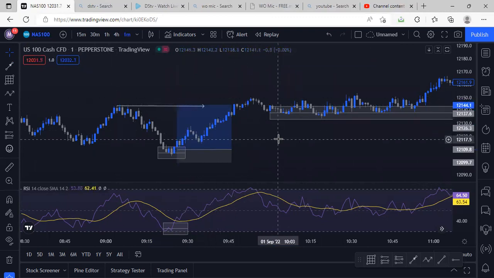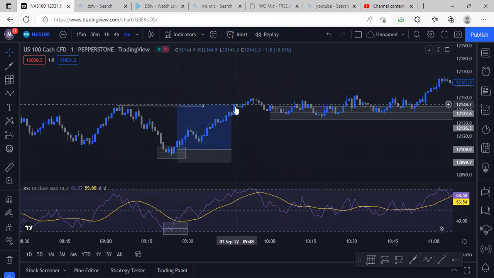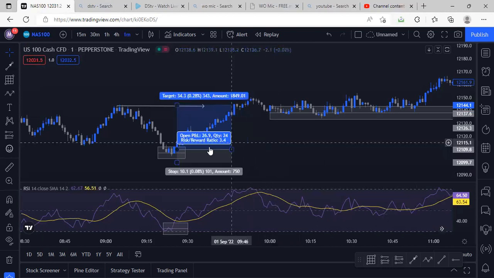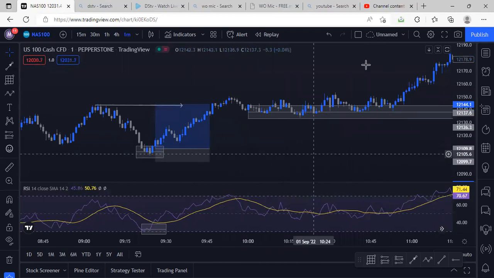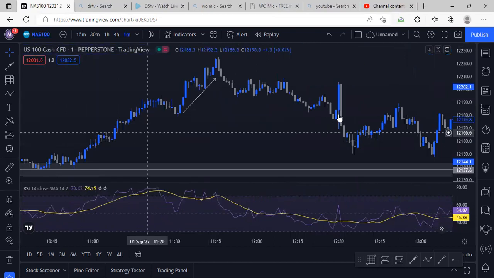And believe it or not, from this point here to this point, you would have got out with at least 500 from this. You just close the trade as soon as you see profit. As long as you're satisfied, then you take the profit.